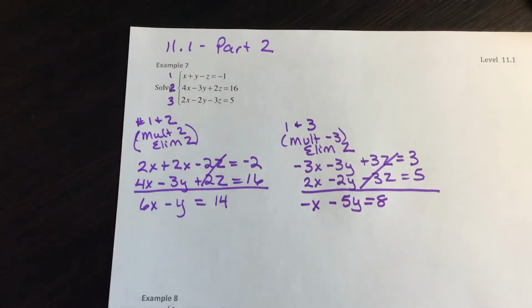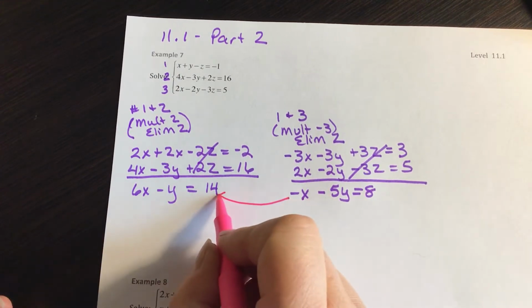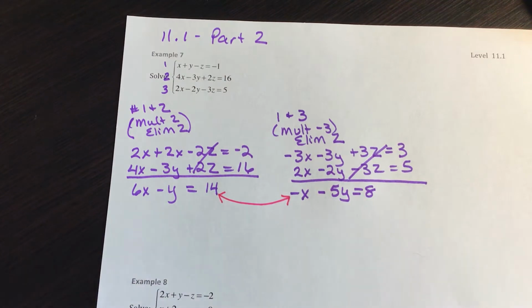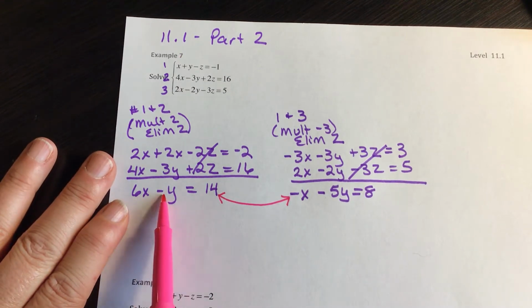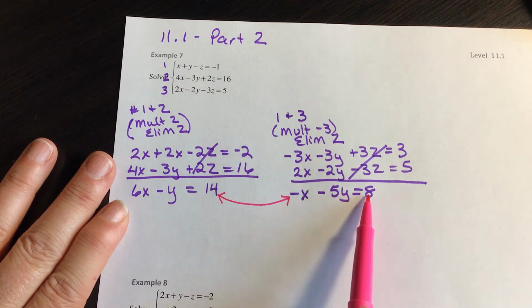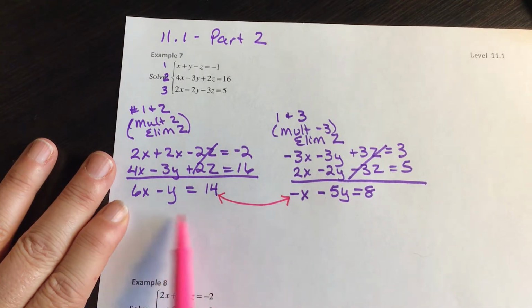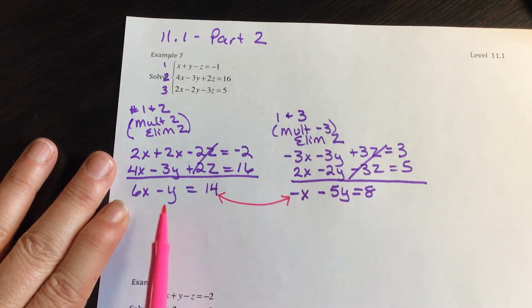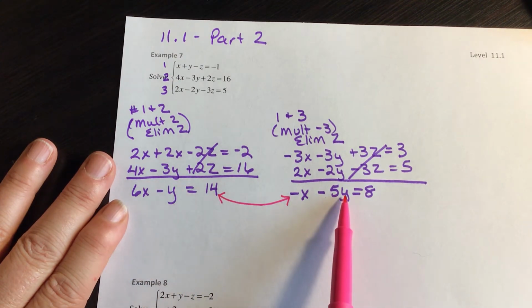Now what I want to do is use these two sentences and come up with another system. All right, so if I look at this, I have a 6x minus y is 14, and a negative x minus 5y is 8. If I multiply this sentence by 6, I have opposite coefficients for x. If I multiply this sentence by 5 and make that negative 5, I would have opposite coefficients for y.